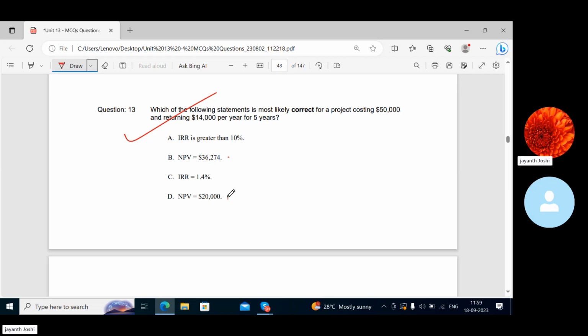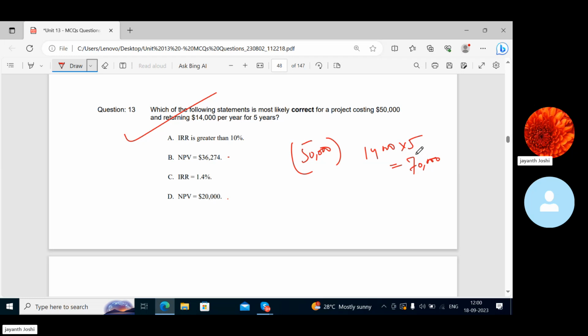So this is what you're investing, and 14,000 you're getting every year, right? For 5 years, correct? So that's making around how much? 70,000, correct?